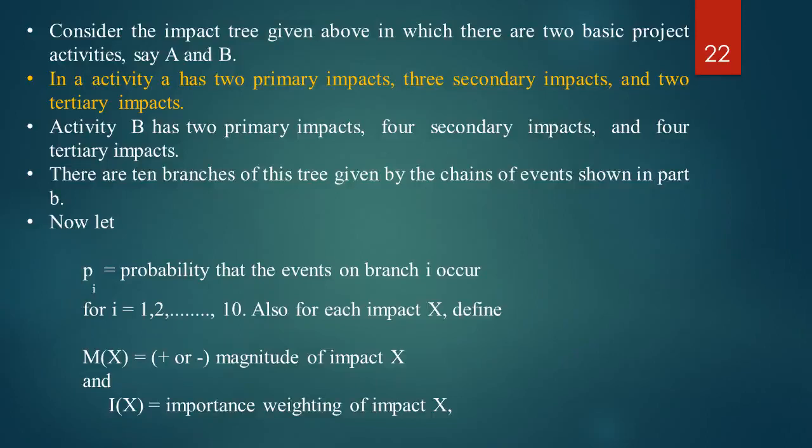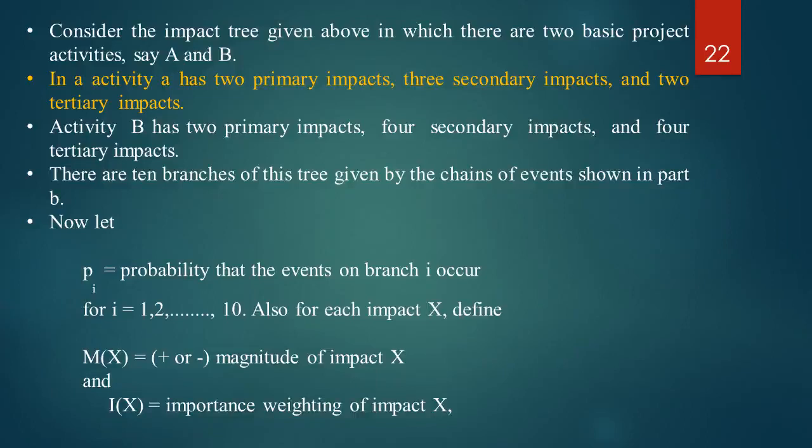Activity B has two primary impacts, four secondary impacts and four tertiary impacts. There are 10 branches of this tree given by the chains of events shown in part B.